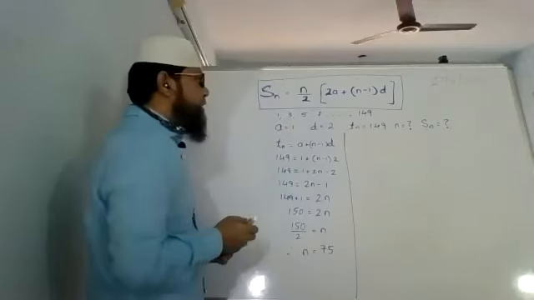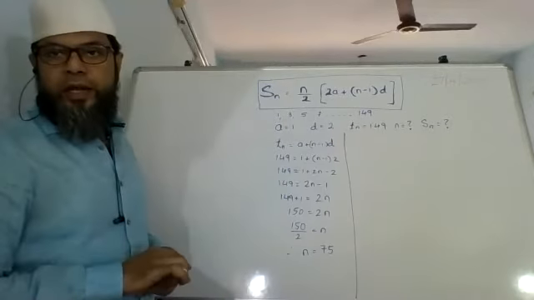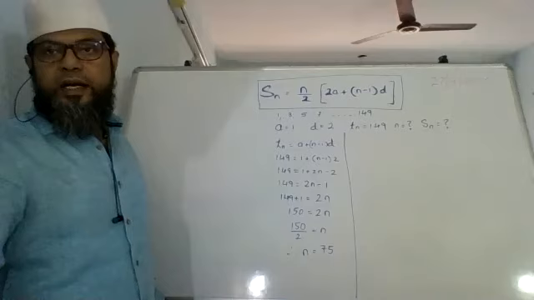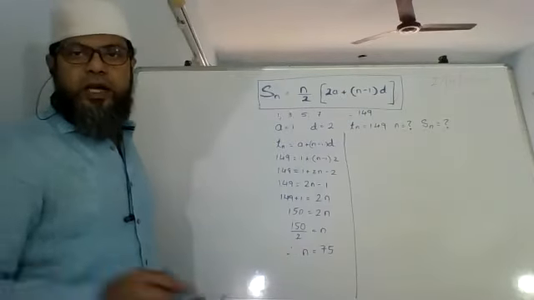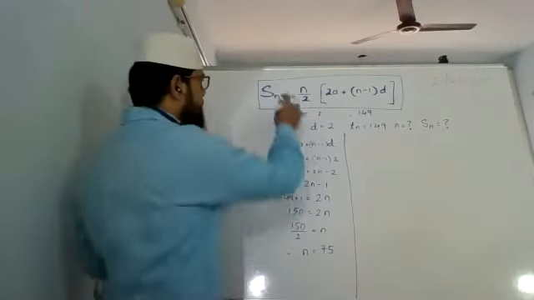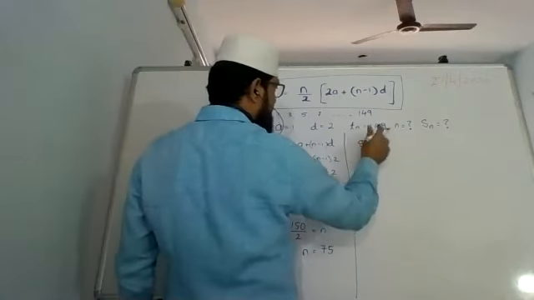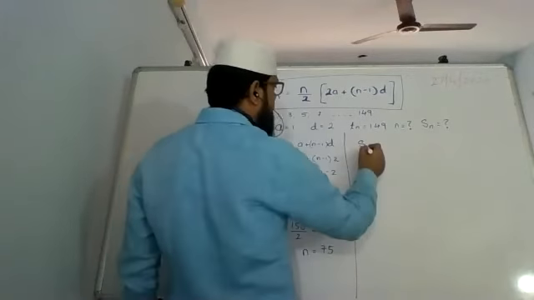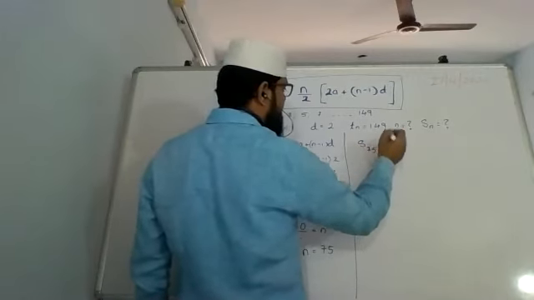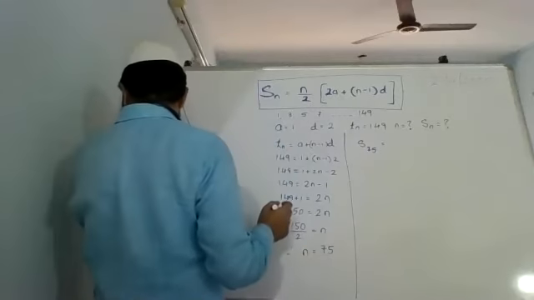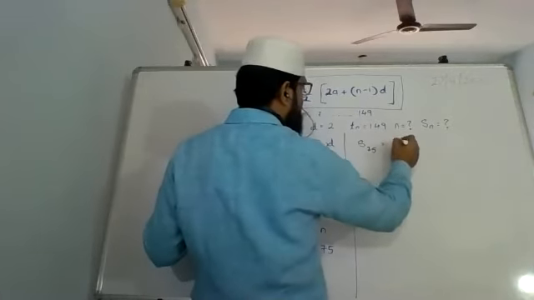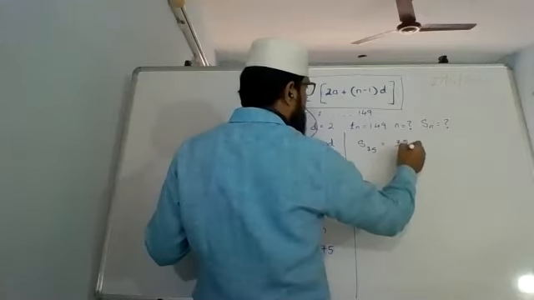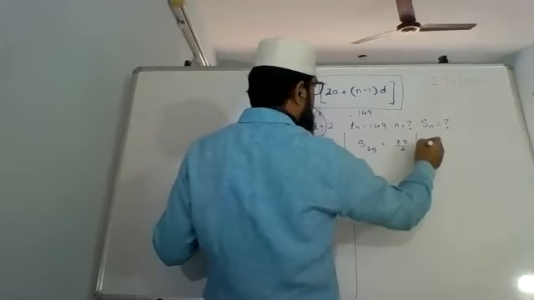Now that we have found out n is 75, using that we find out Sn. The formula for Sn remains the same. S75, that is the sum of 75 terms in this AP, equals n by 2 into bracket 2a.